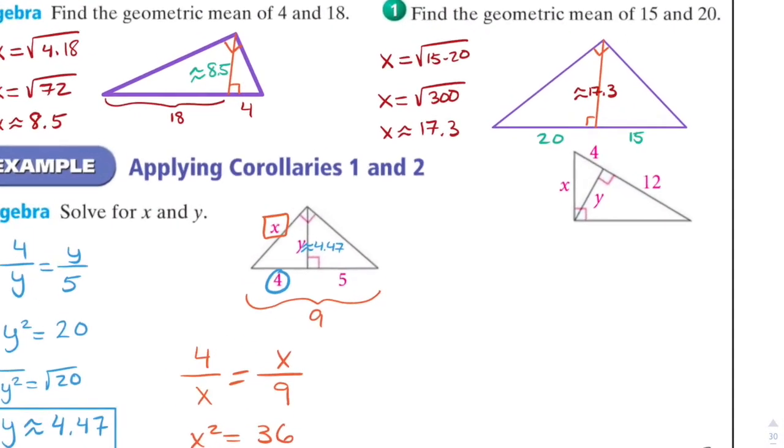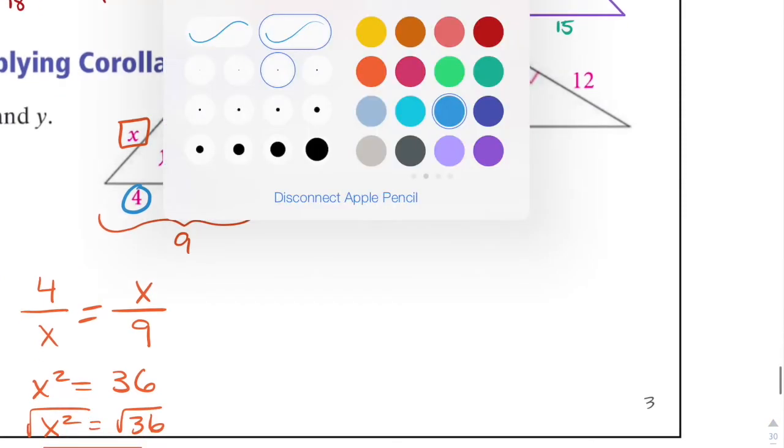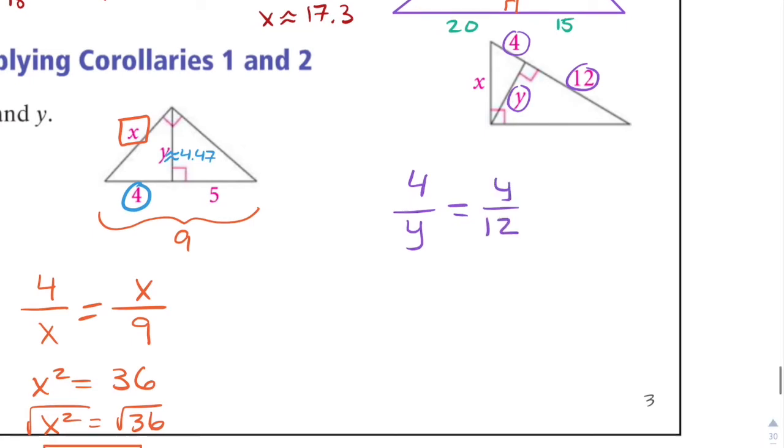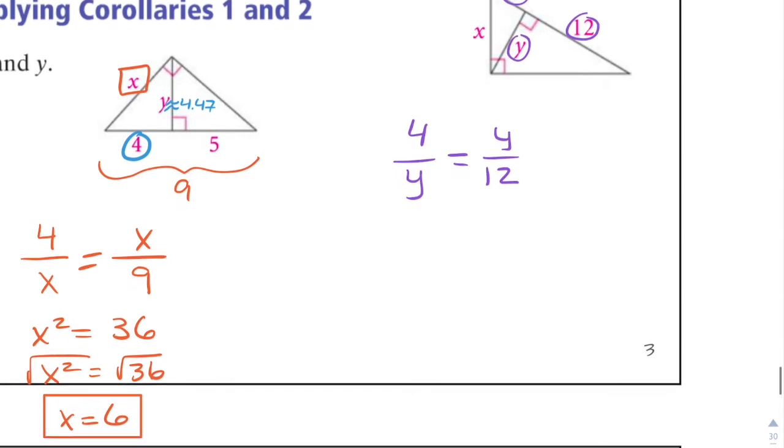I don't know why this is so far off to the side here, but let's work with it. So I'm going to say 4 is to y as y is to 12. So 4 is to y: it's the shortest in the middle of the smallest triangle, and the shortest in the middle of the middle size triangle.